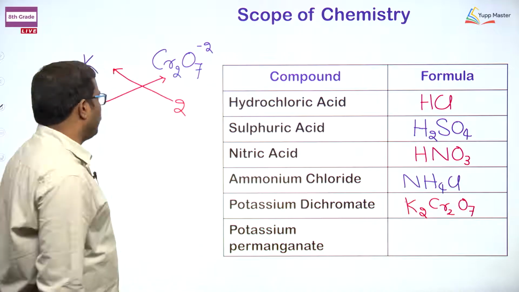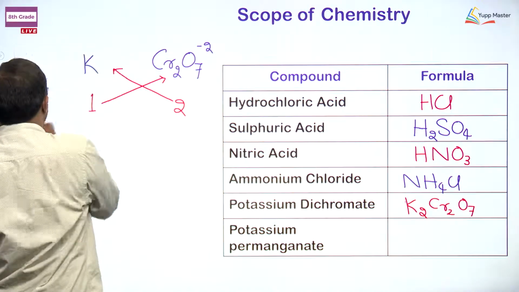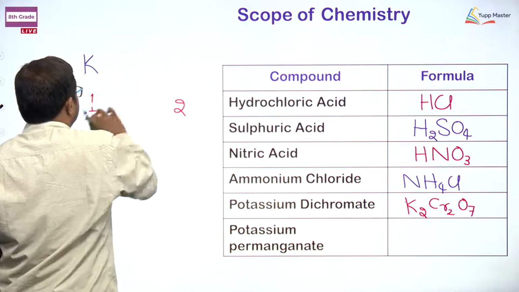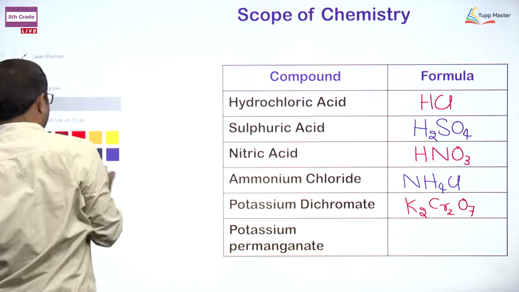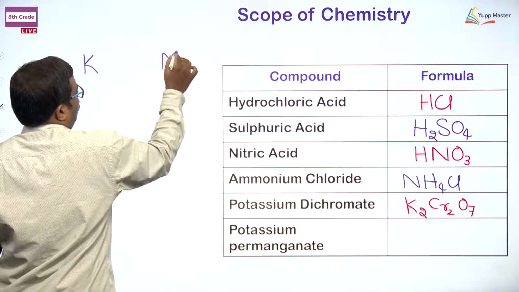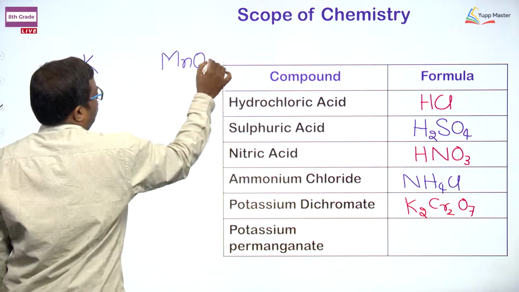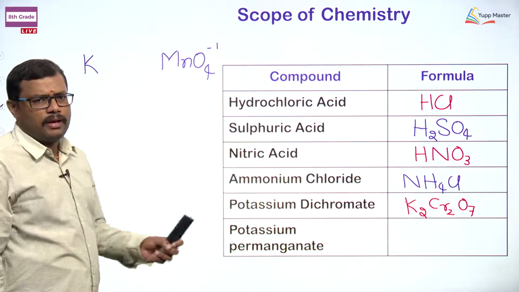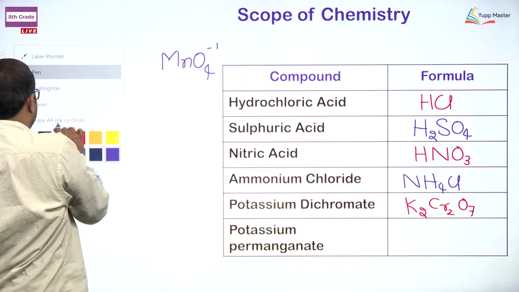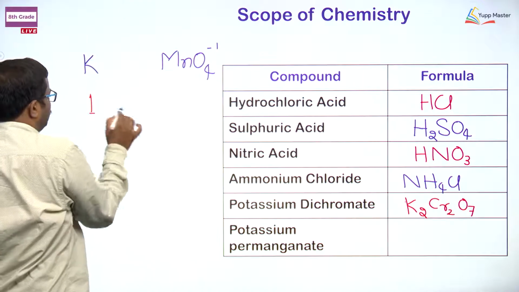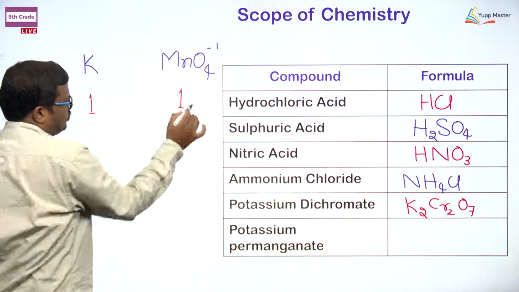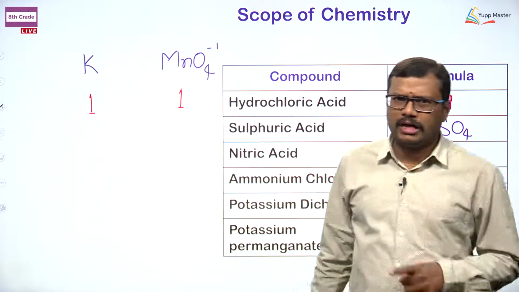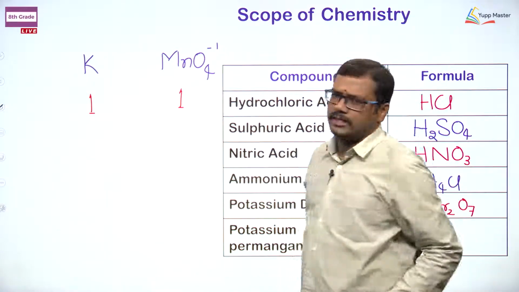Then potassium permanganate. The permanganate ion is MnO4 minus 1. When we look at the valency, here the valency is 1, and here the valency is also 1, because MnO4 has one negative charge, so we take that value as the valency.